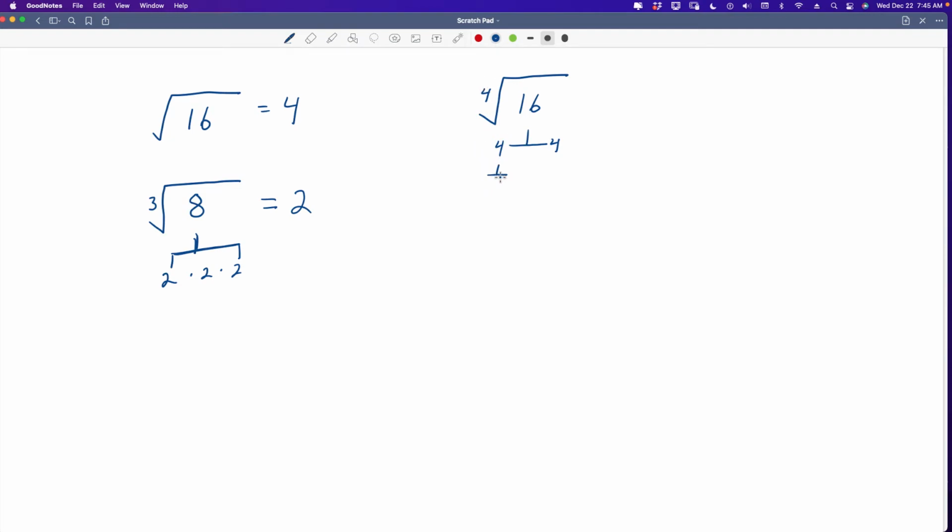So we can take it further. Write it like this. 4 times 4 gives me 16. 2 times 2 times 2 times 2 also gives me 16. That's 1, 2, 3, 4 identical factors. So the answer is 2.